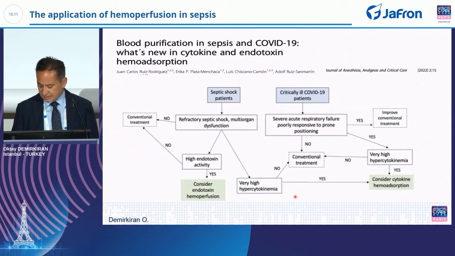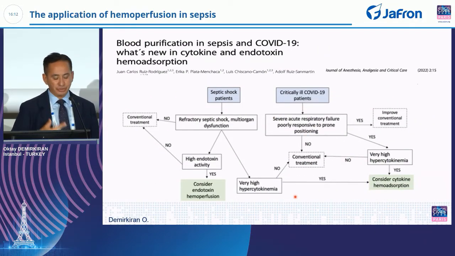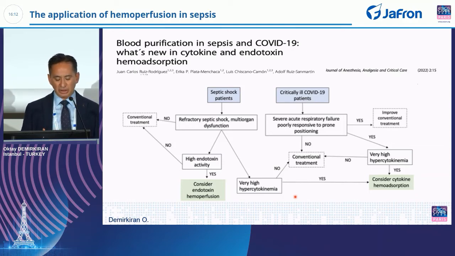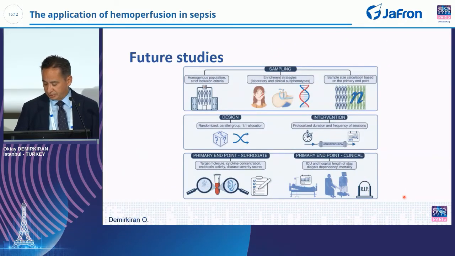I skipped this. In septic shock patients, if there is refractory septic shock or multi-organ dysfunction, we can use it for high endotoxin activity. If there is hypercytokinemia, we can consider cytokine adsorption.